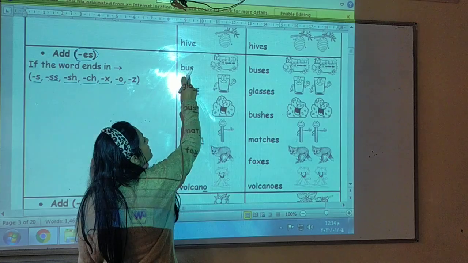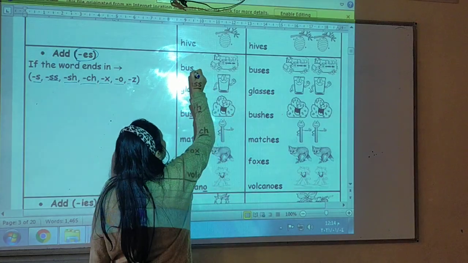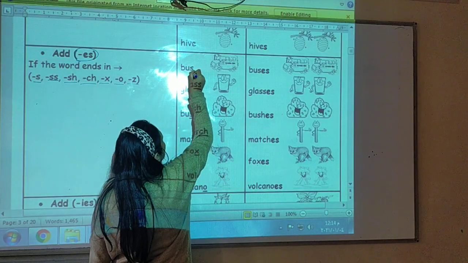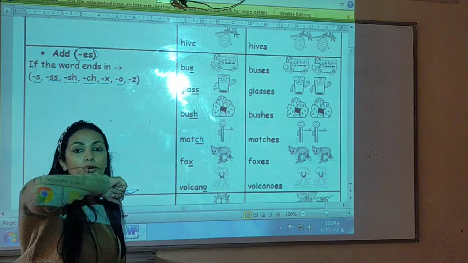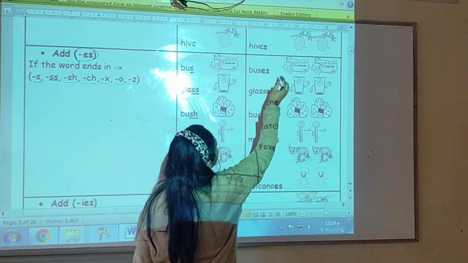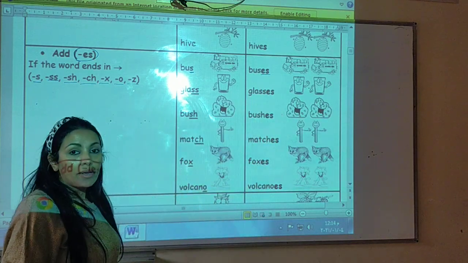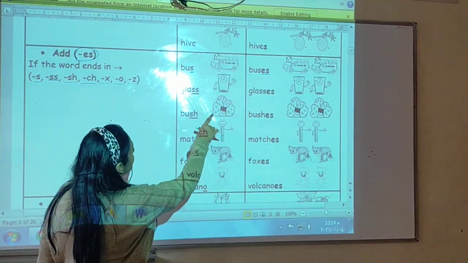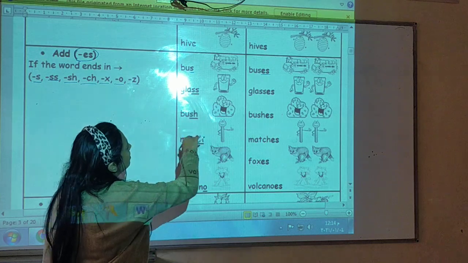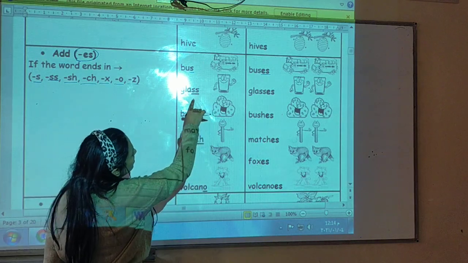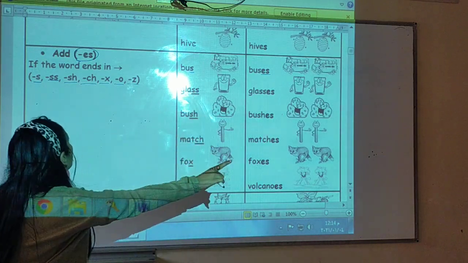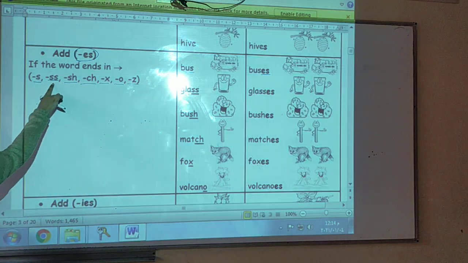Like for example, bus. Look here, it ends with s. So how are we going to make the plural? We add es after the s of the bus. Okay? Look here in the second one. Glass. It ends with double s. Look here, double s is one of the letters of the exception case of es.